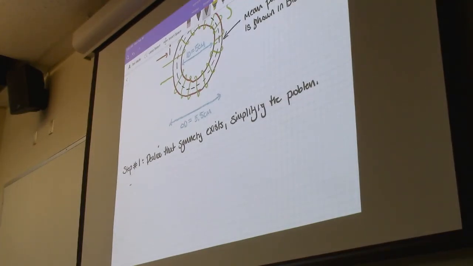So we know that the magnetic field intensity is constant along the path.